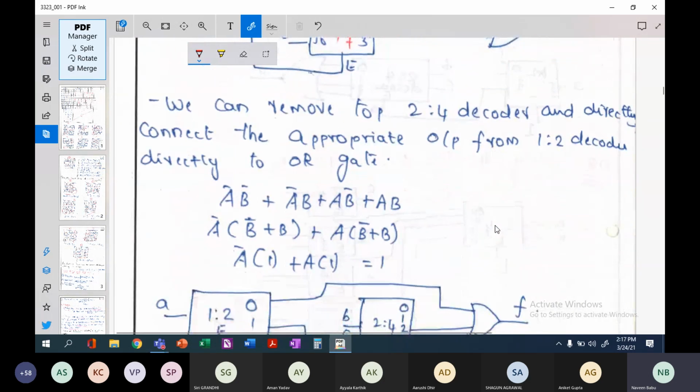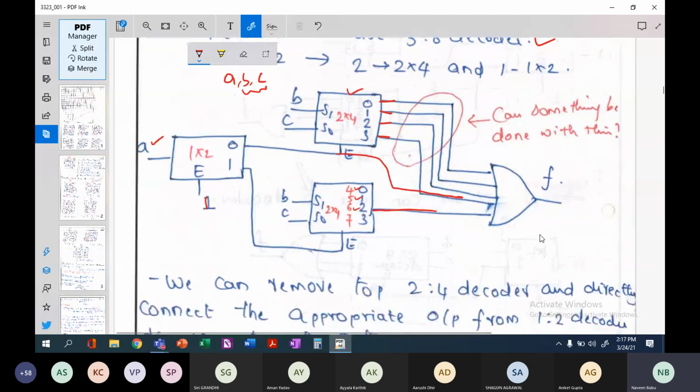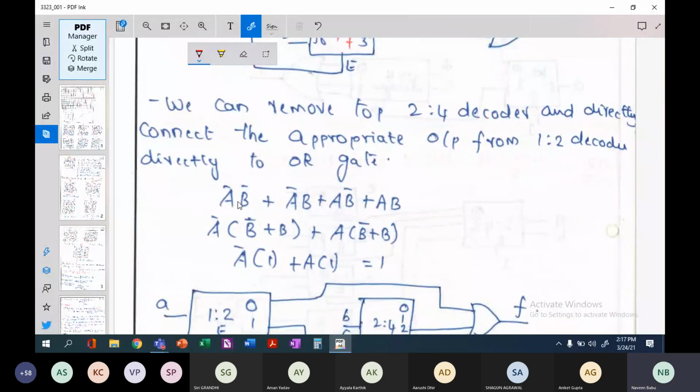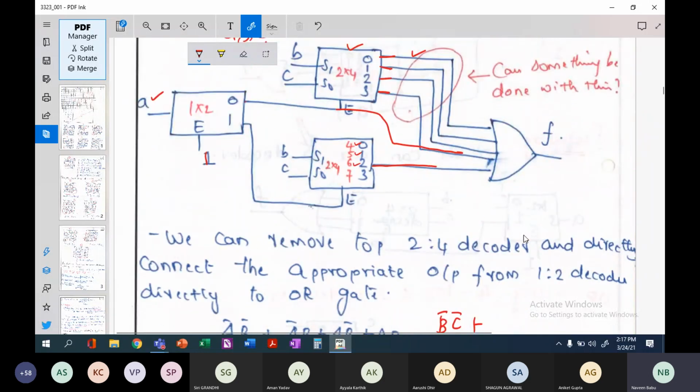If you want a theoretical explanation for this, what do all these lines correspond to? Just for the sake of simplification, instead of BC, I have used B bar C bar. 0 0 corresponds to B bar C bar, and 0 1 corresponds to B bar C. They are all ORed together.